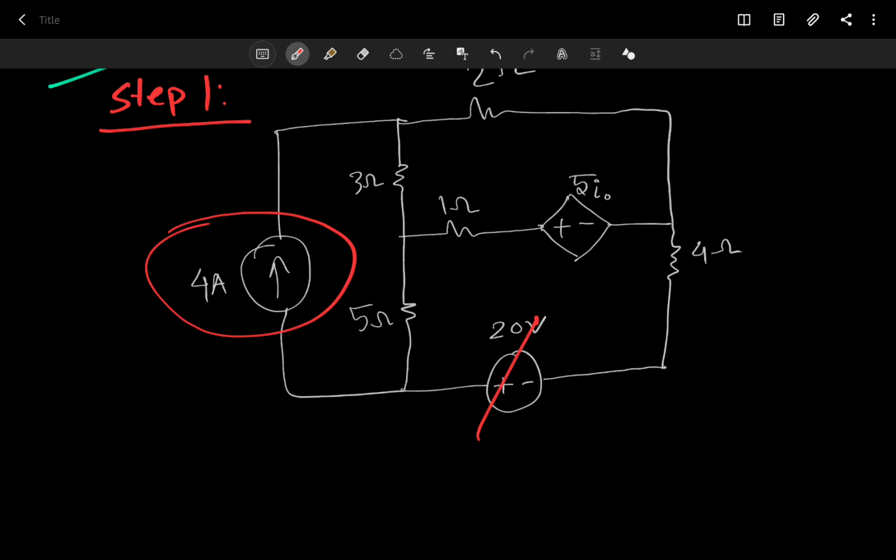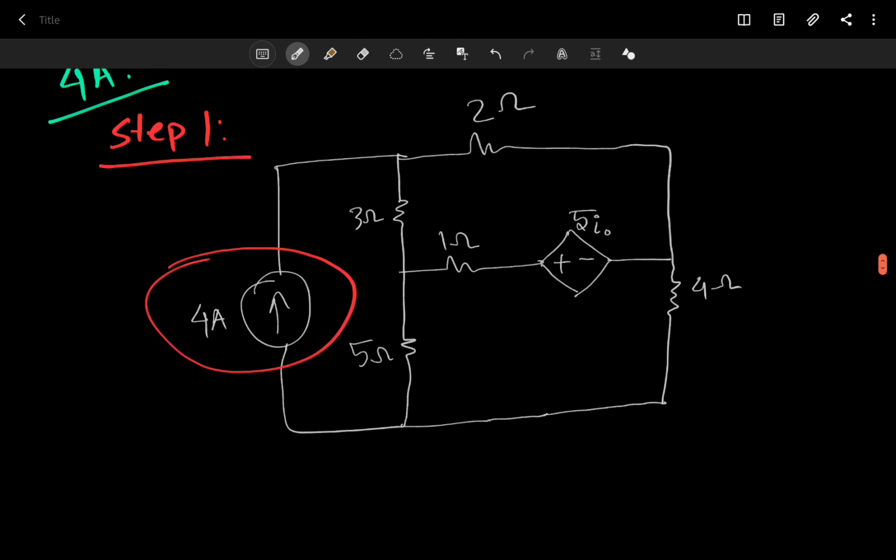So how do we kill a source? Well, we turn it to 0 volt. So now it's killed. A 0 volt voltage source is just equivalent to a short circuit connection.